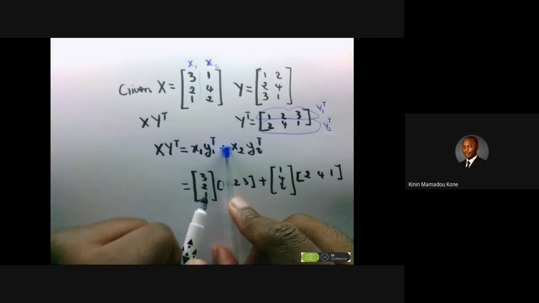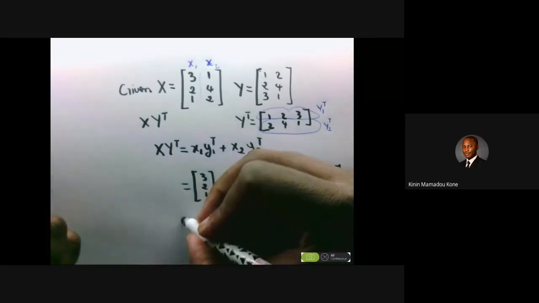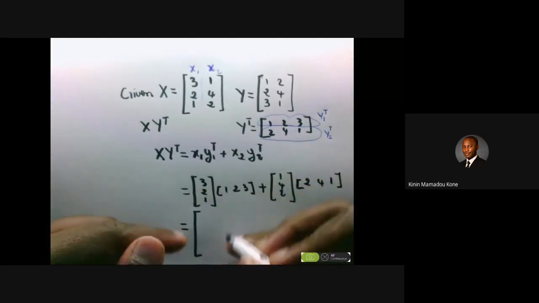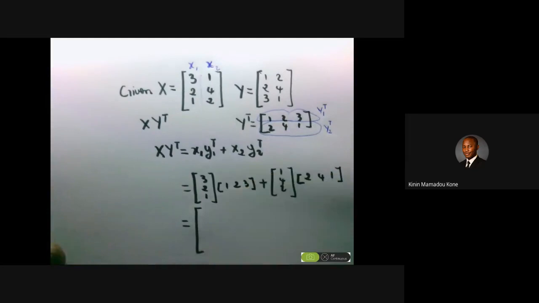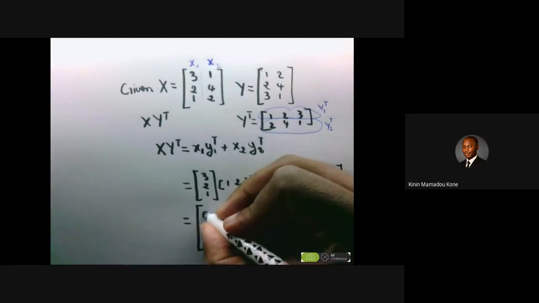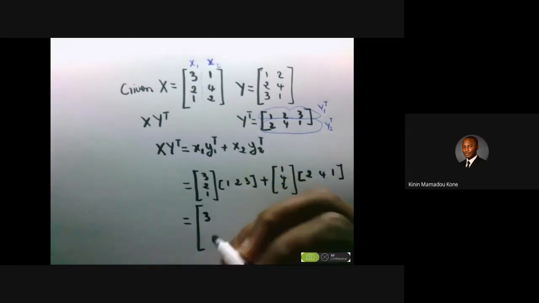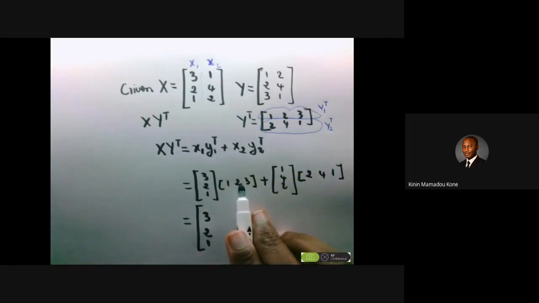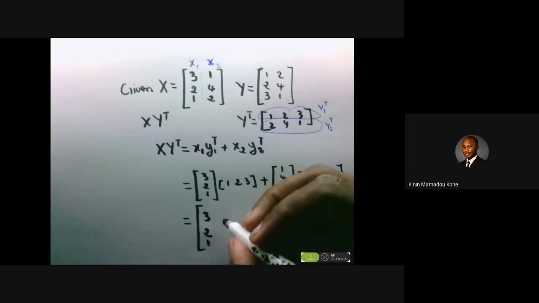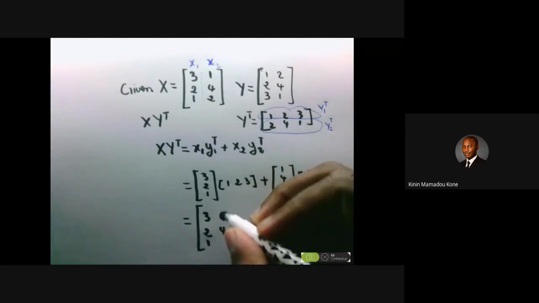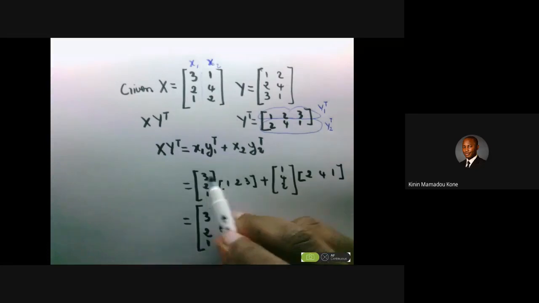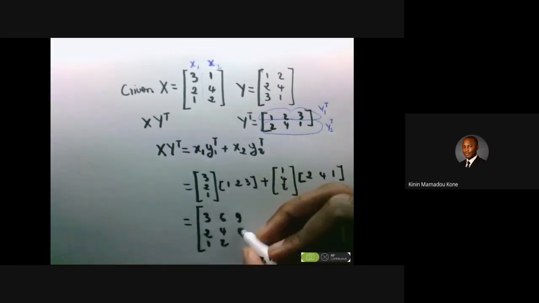So blocking this column, 3 times 1 is just 3. 2 times 1 is just 2. 1 times 1 is just 1. Now moving on to the next column, 3 times 2 is 6. 2 times 2 is 4. And then 1 times 2 is 2. Moving on here, 3 times 3, 9. And then 6. And then 3.